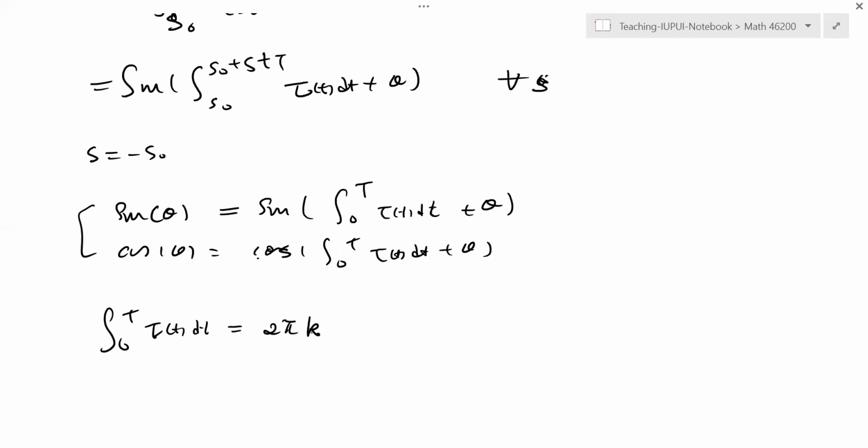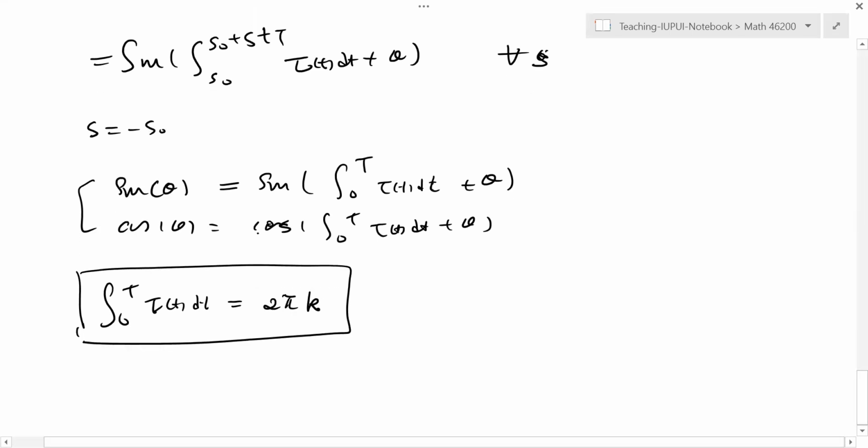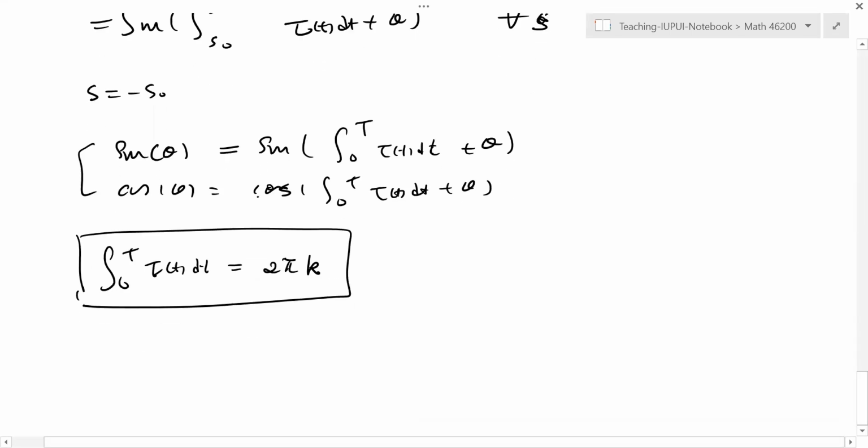Right, so this torsion is going to be, yeah, that's a surprise. But we don't have any result about curvature for this portion. We find out the integral of that portion is going to be 2 pi k. The question is whether k is going to be 0 or not.